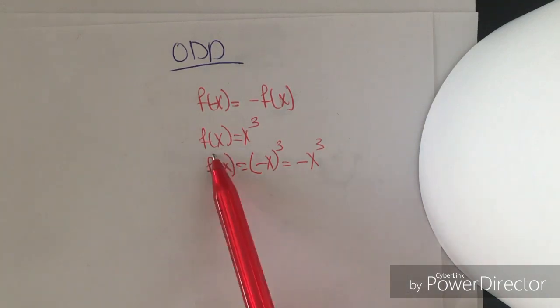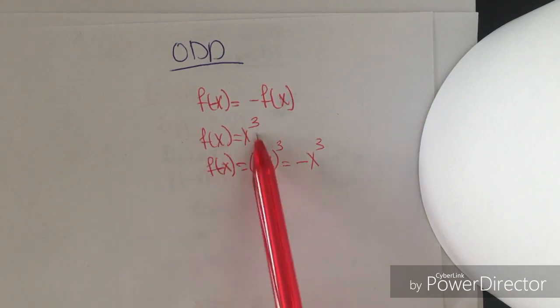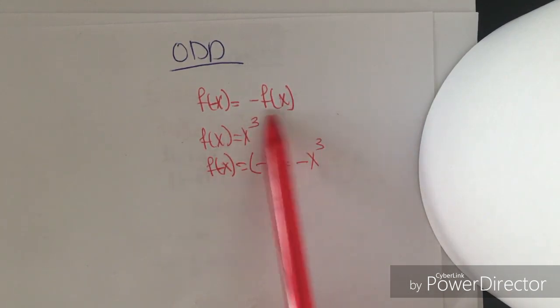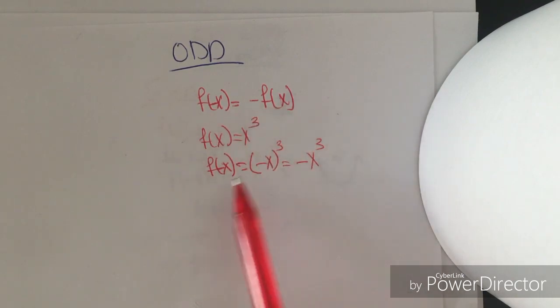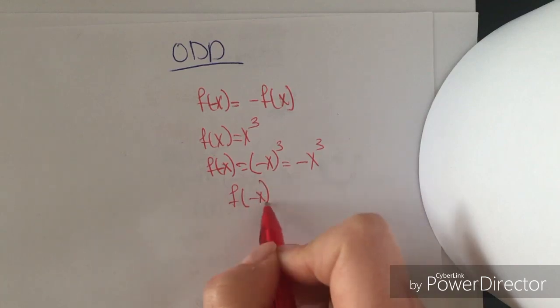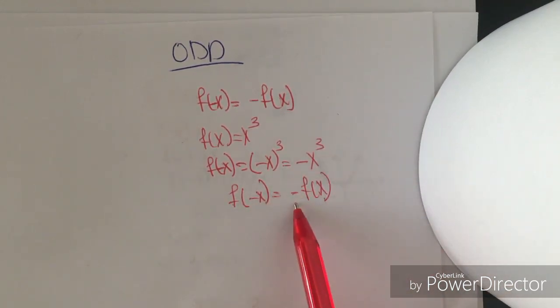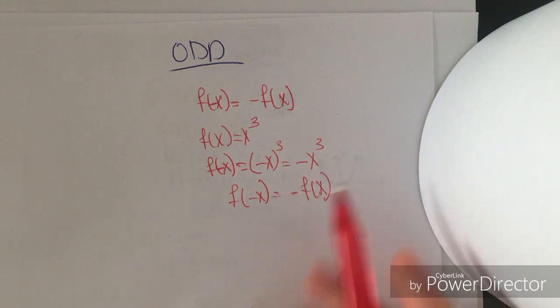And we see that f of x is x cubed. If we multiply the whole function by negative 1, we're going to get negative x cubed, which is negative f of x. And this is the same as f of negative x. So whenever f of negative x equals negative f of x, that means you multiply the whole function by negative 1.